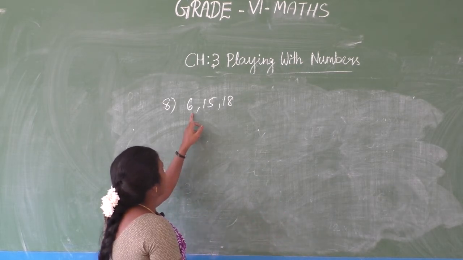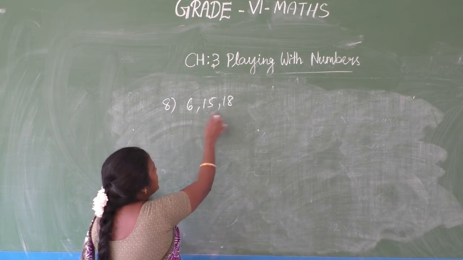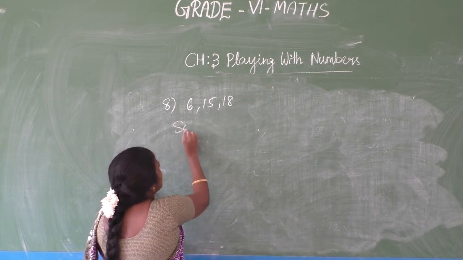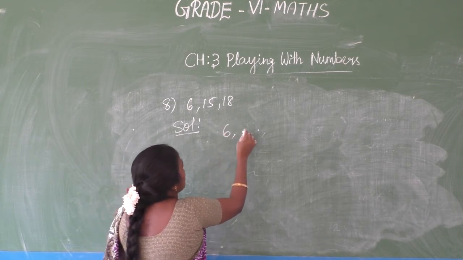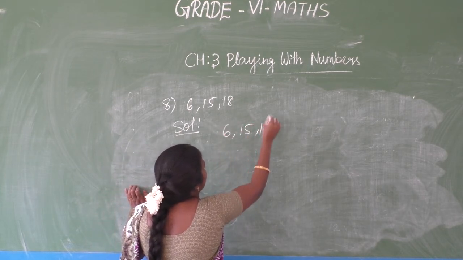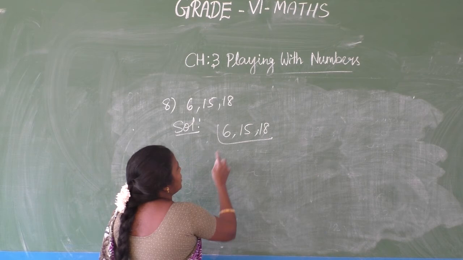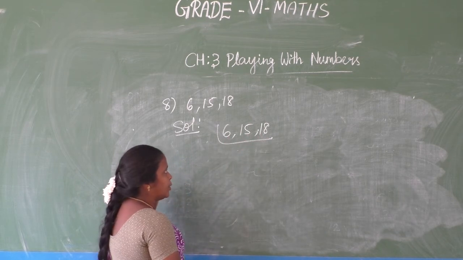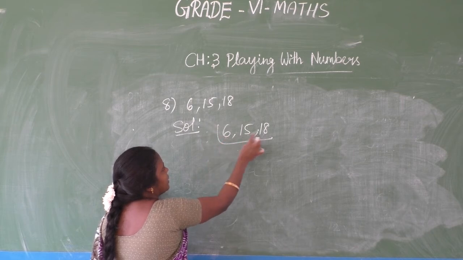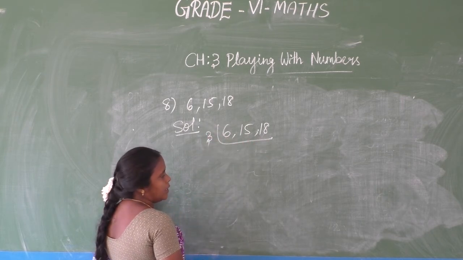First we will see the LCM of these 3 numbers. Take them together, no need to find individually. See, commonly I am going to divide these 3 numbers. We have to take a prime number that divides all 3 numbers, which means 3 only.